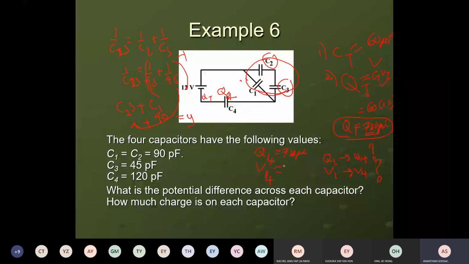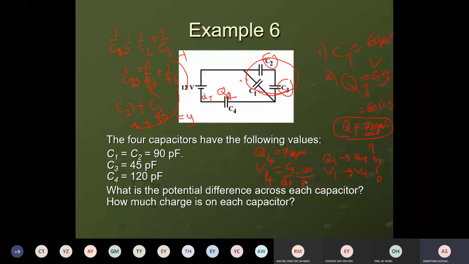So what is your V4? V is C over Q, C4 over Q4. C4 is how much? C4 is 120. 120 divided by Q4. Q4 is 720.